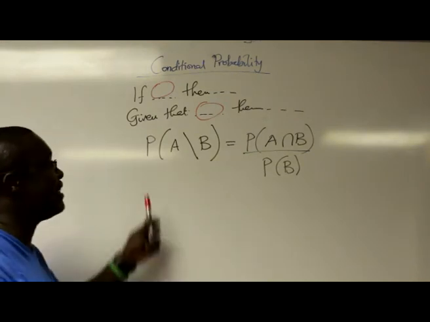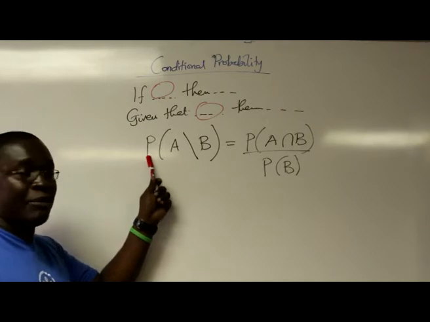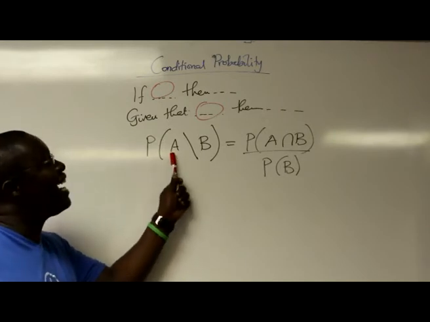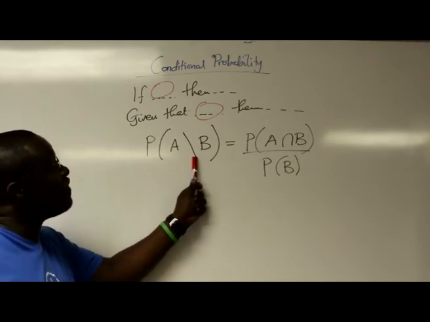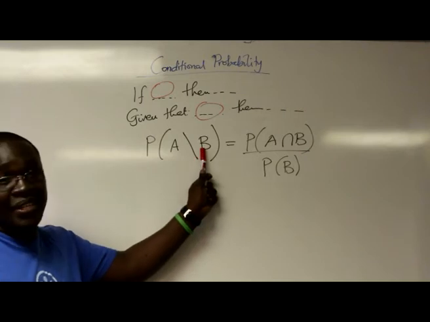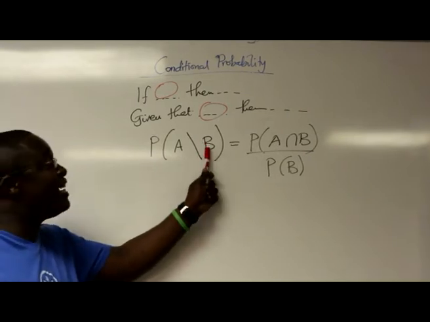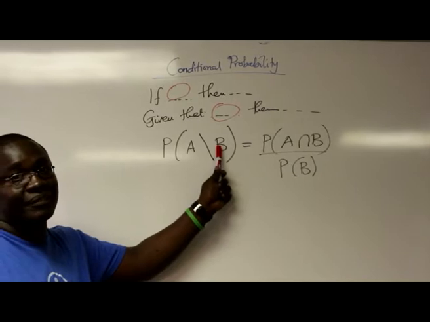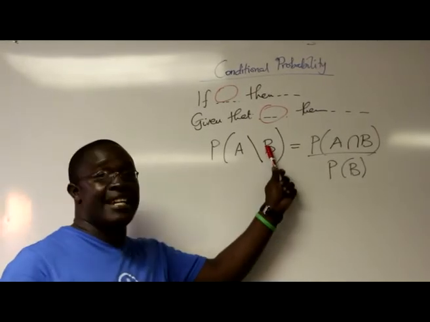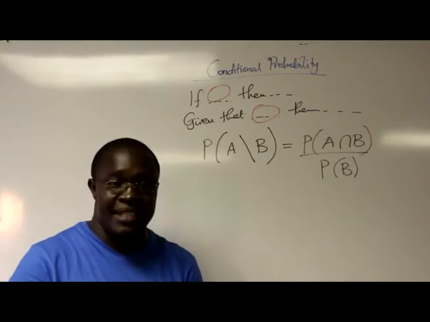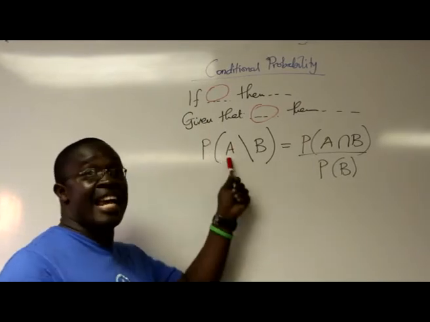So I will say it in English. What is the probability of A occurring given that B has already occurred? So B is the condition. We know that B has occurred. Now, given that circumstance, what is the probability of A occurring?